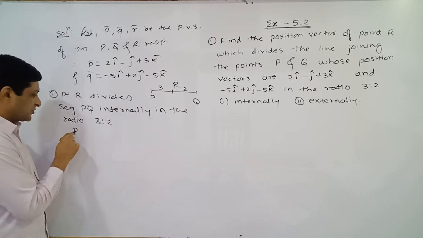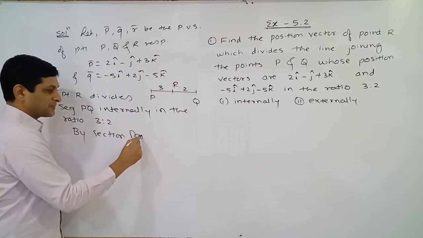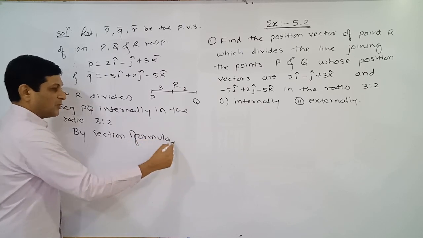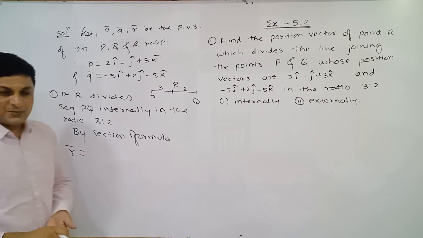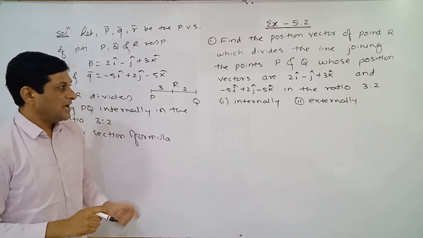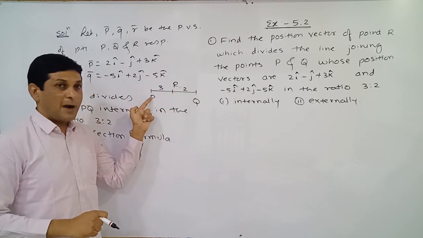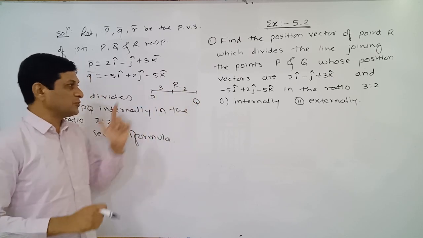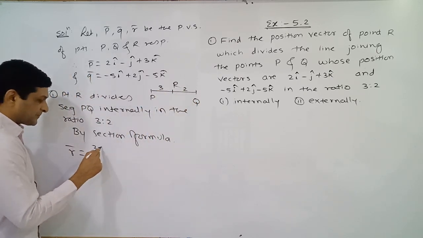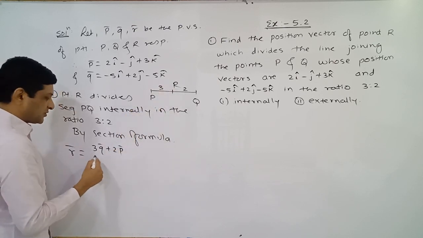So that's why we are able to apply the section formula. By the section formula, what will we get? As already discussed, R bar is equal to m q bar plus n p bar upon m plus n. So here we get 3q bar plus 2p bar upon 3 plus 2.